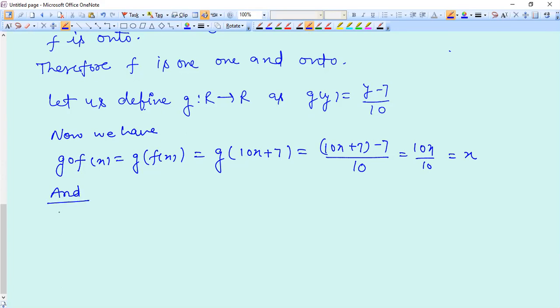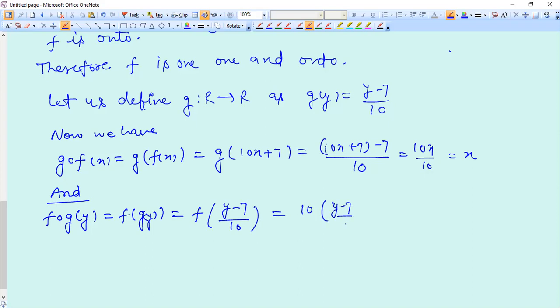And (f of g)(y) is equal to f of g(y). Now we put the value of g(y), f of (y minus 7) upon 10. Now we put the value in f(x), so we get 10 into (y minus 7) upon 10 plus 7, which is equal to y minus 7 plus 7, which is equal to y.